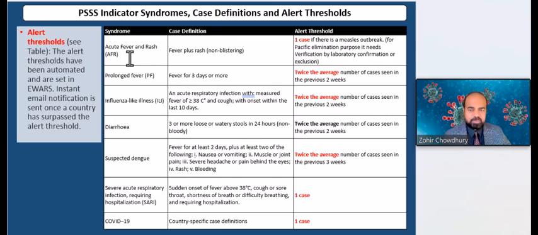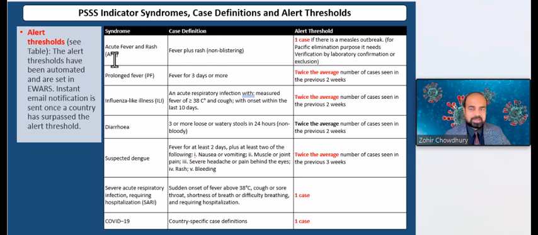Here you can see the specific syndromes that this surveillance system in the Pacific is looking at. We talked about AFR, acute fever and rash, prolonged fever, influenza-like illness, diarrhea, suspected dengue, as well as SARI and COVID-19, for example. There are the specific case definitions that apply to these syndromes, and then when the system would send you an alert, what signal.